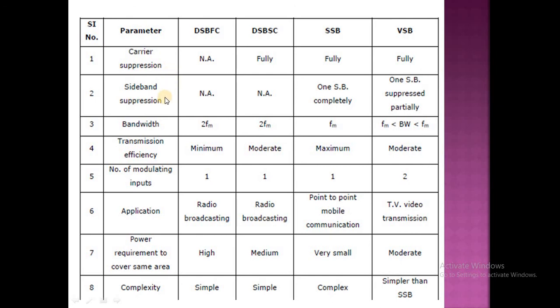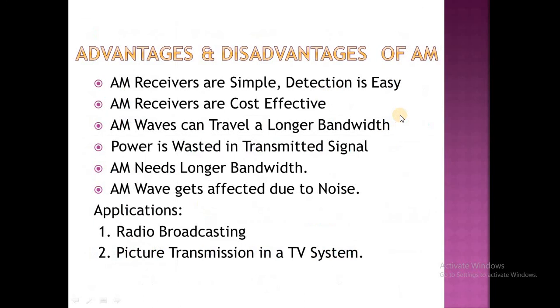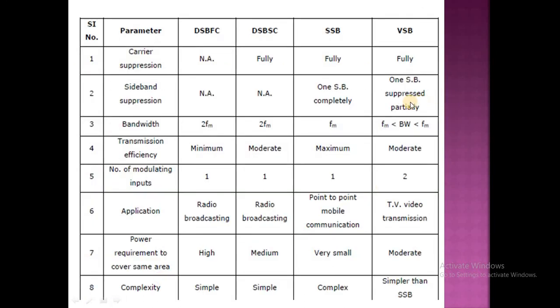In sideband suppression, in SSB the sideband is suppressed completely, and in VSB the sideband is suppressed only partially. In case of a VSB, we are doing nothing there. So NA means nothing.